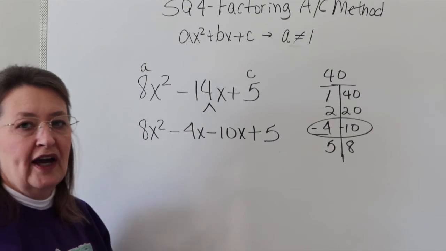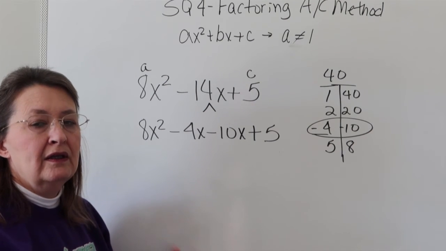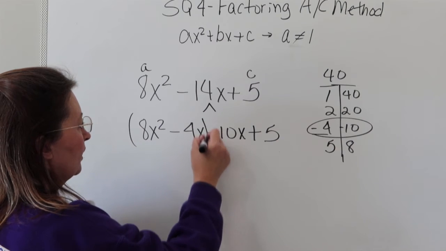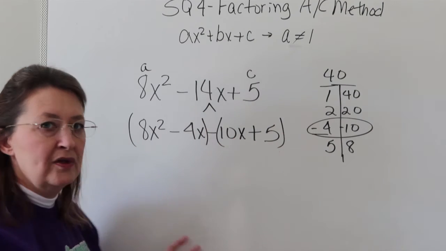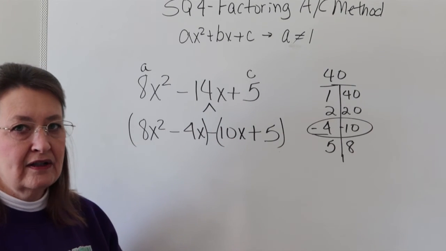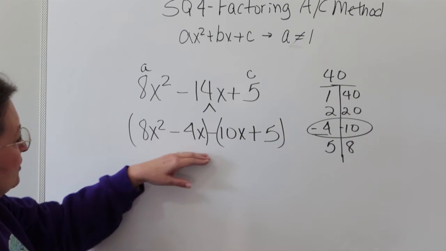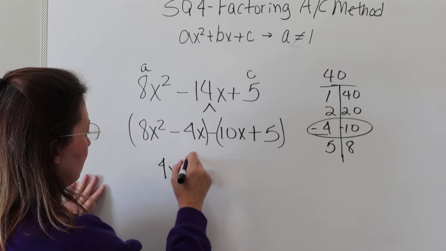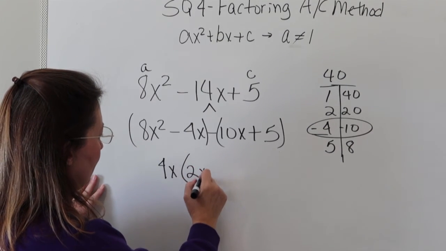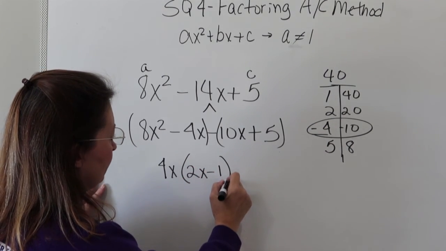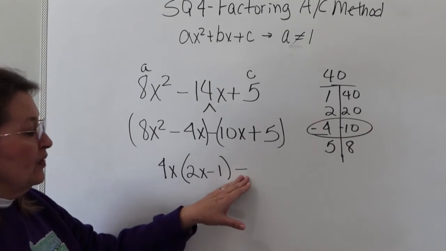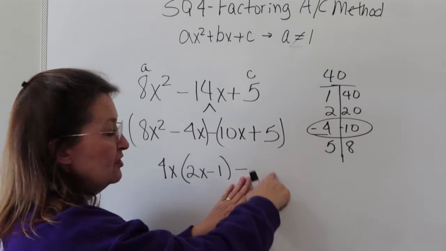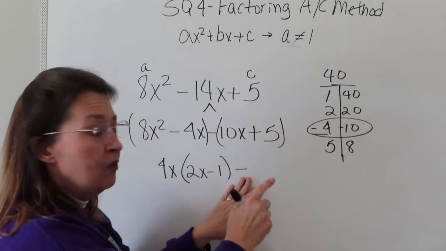Now I'm ready to factor by grouping. When I hear that word grouping in my head, I know I'm going to group the first two and last two and take out greatest common factors. The greatest common factor here is going to be 4x. So I've got 2x minus 1 left. Now, don't forget, when this is a minus and you're factoring by grouping, it's going to change this sign. You've got to watch for that.